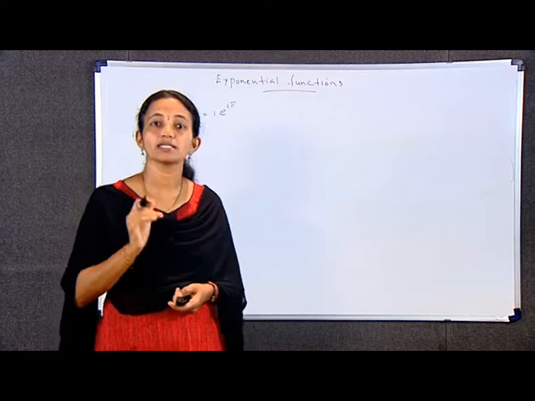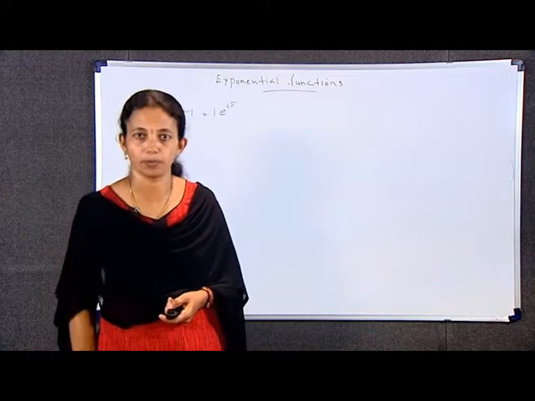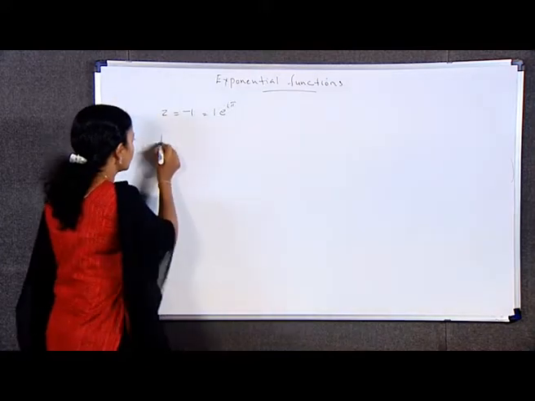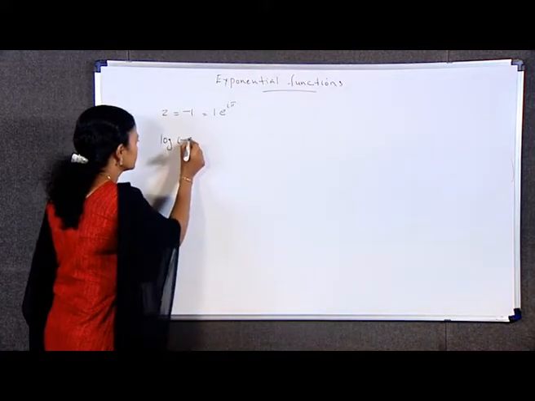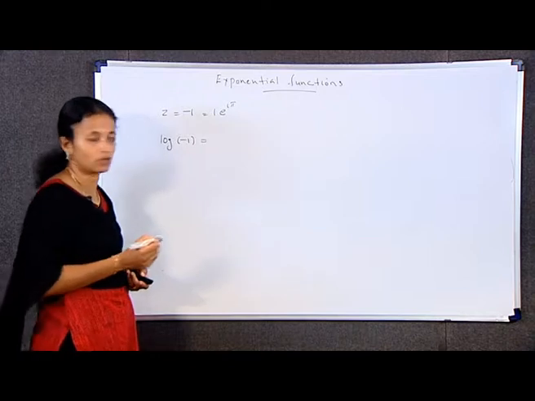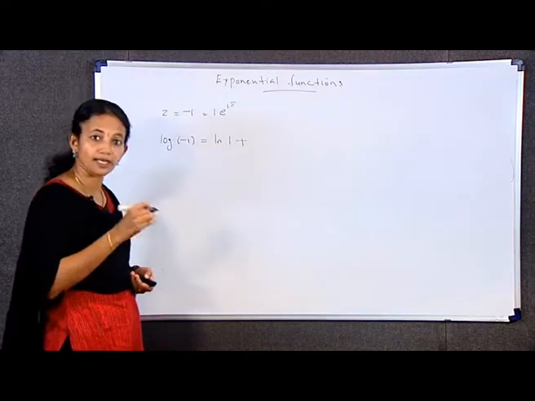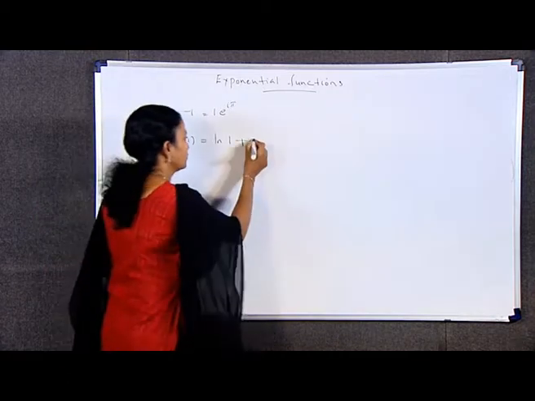We have r is equal to 1 and theta is equal to pi, and using equation number 1 we obtain log of minus 1 is equal to ln 1 plus i into pi plus 2n pi.